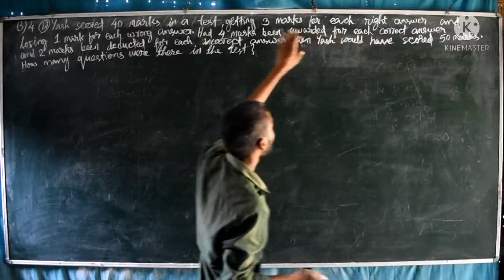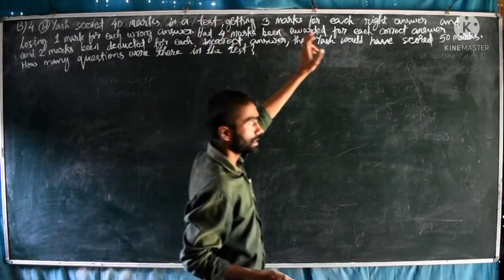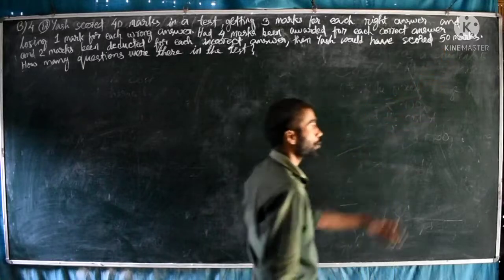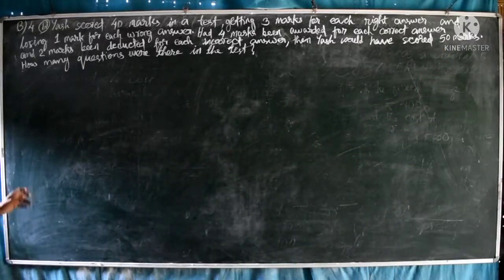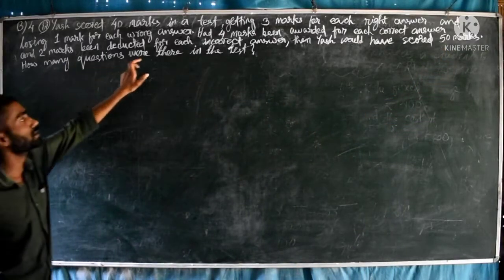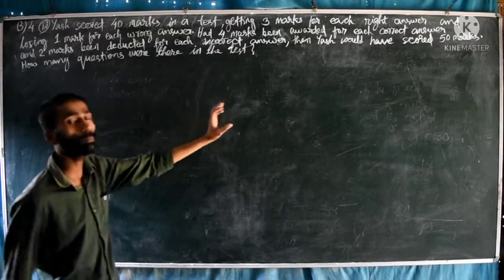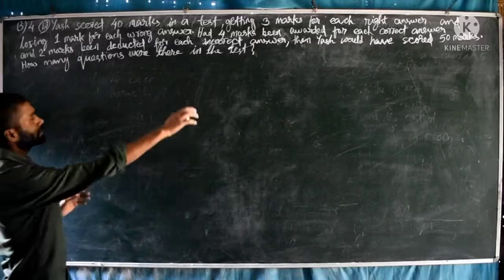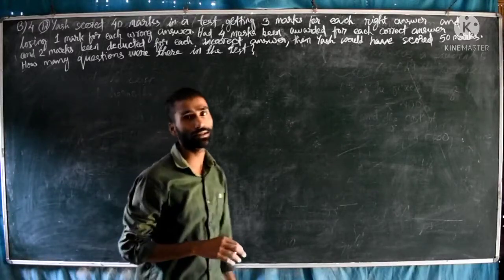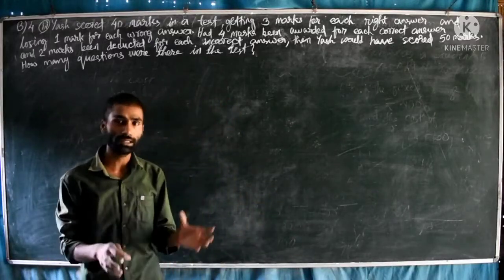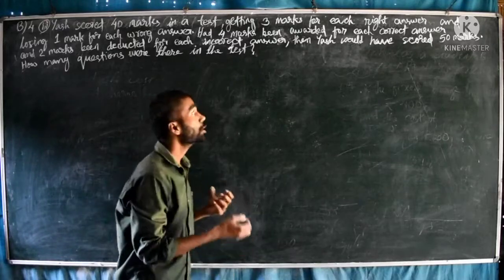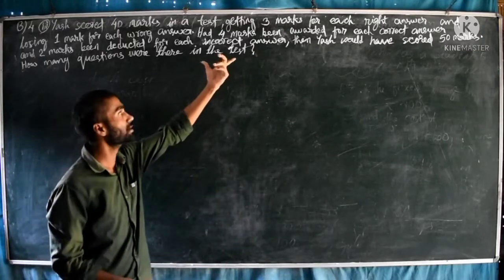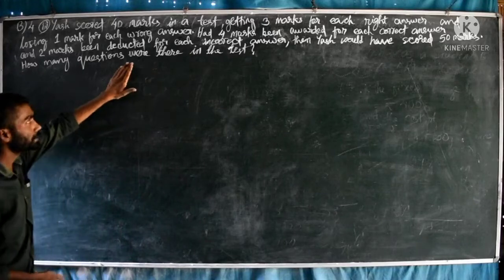If this happened, he could have got 50 marks. Now what is asked? How many questions were there in the test? The total number of questions in the test. If we add the number of incorrect answers and the number of correct answers, the total will give us the number of questions in the test.